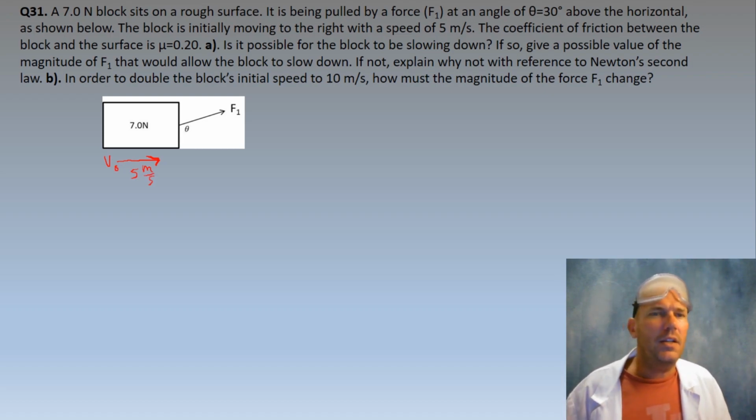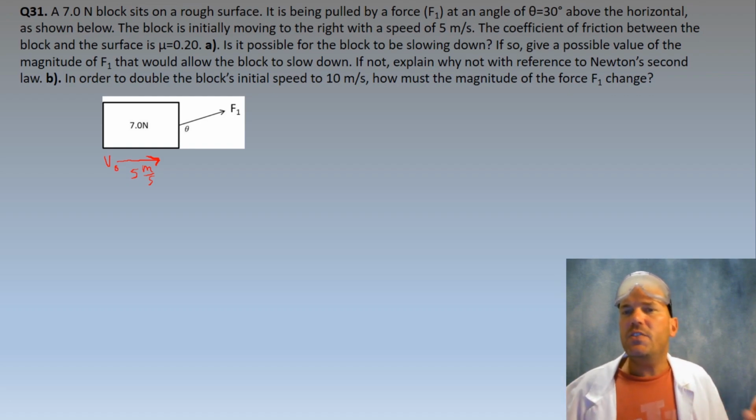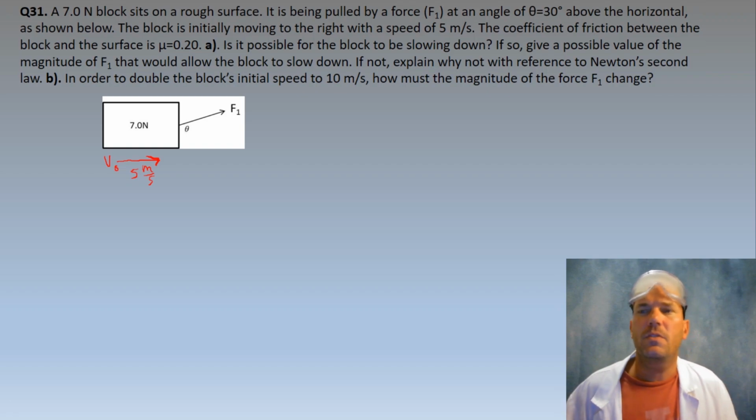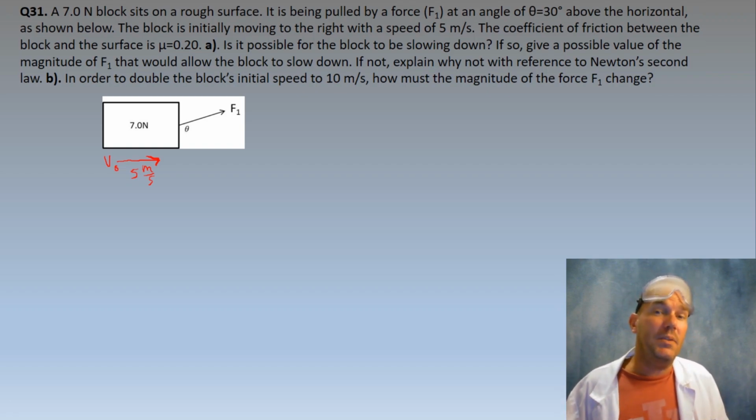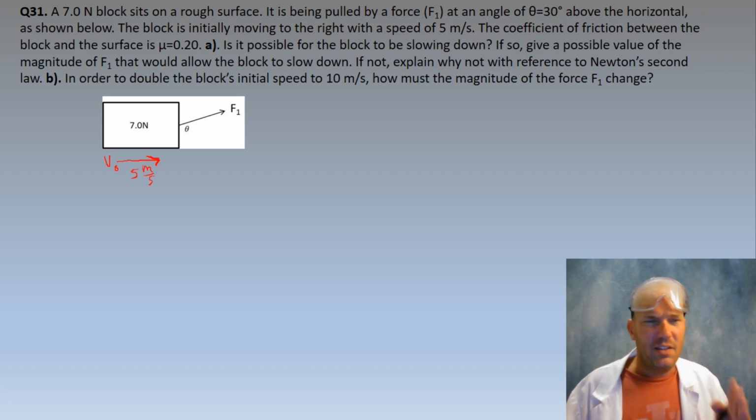The coefficient is 0.20. A, is it possible for the block to be slowing down? If so, give a possible value for the magnitude of the force that would allow the block to be slowing down. If not, explain why with reference to our summation of Newton's second law.